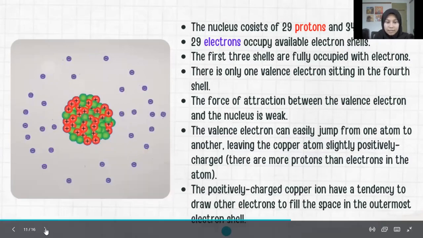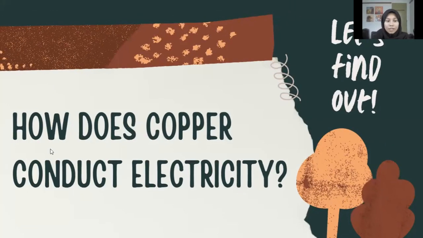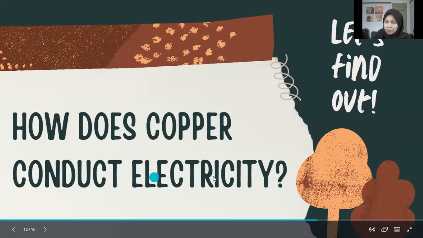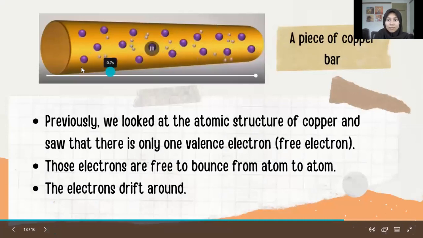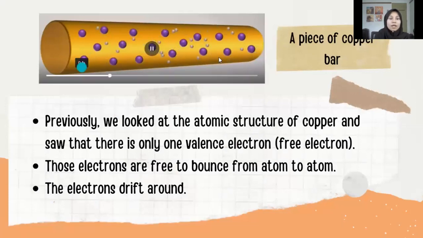And next is, how does copper conduct electricity? Let's find out together. So here we have a diagram of a piece of copper bar. As you can see, in this copper bar, there are multiple copper atoms. The purple spheres are the copper atoms and the tiny gray spheres are the electrons.